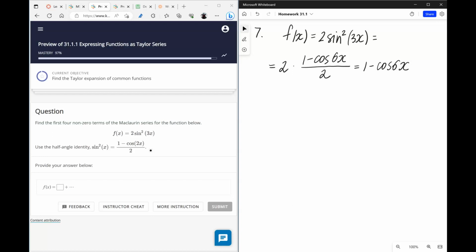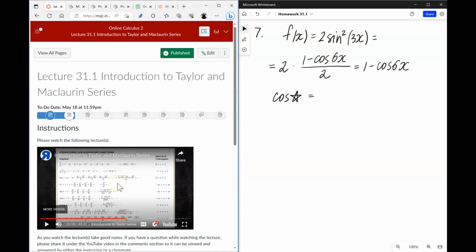And we're going to recall the Maclaurin series for cosine, and we're going to set the star to be 6x, and now we're going to continue writing this.